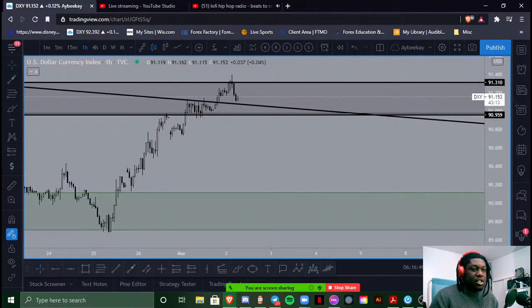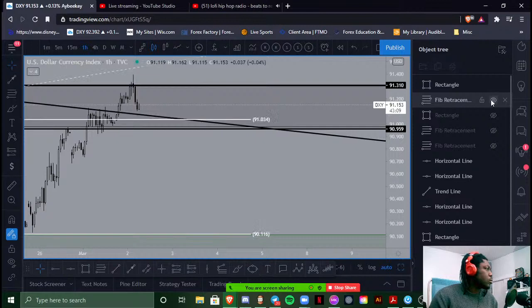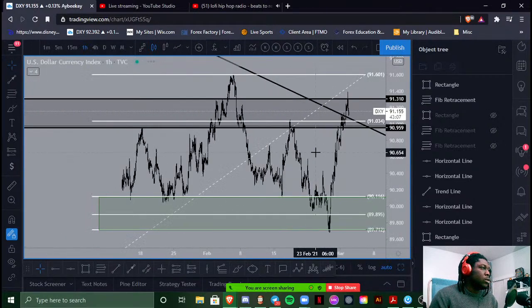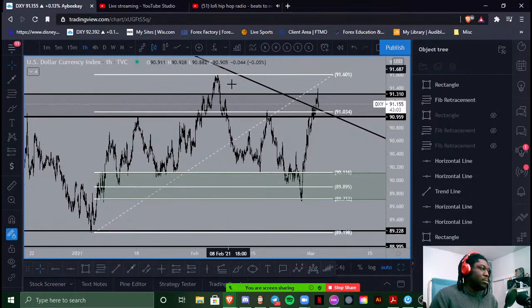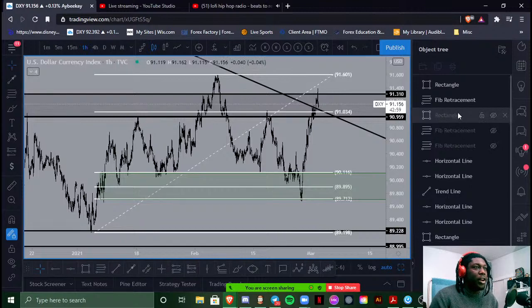Let me see if I still have it drawn up. I'm pretty sure I do. Well, first of all, this fib setup is playing out very nicely. Would have been like 75% profits right there.